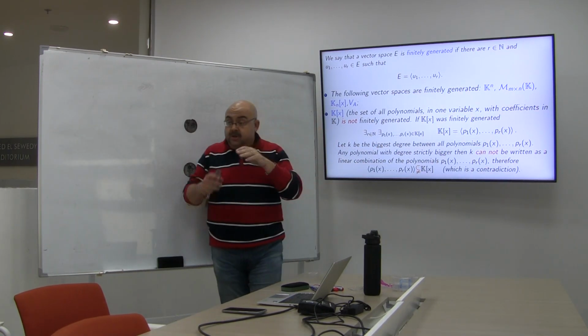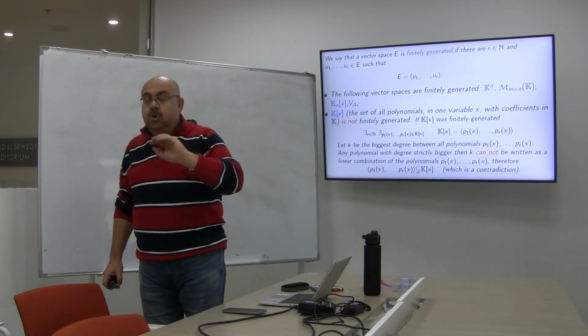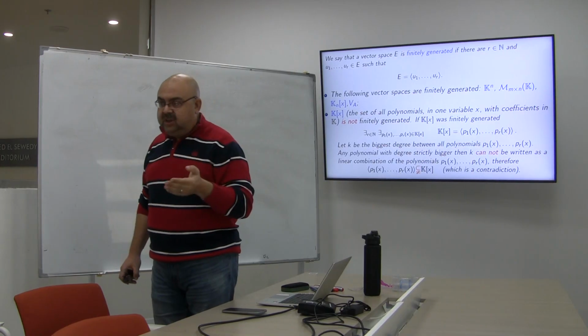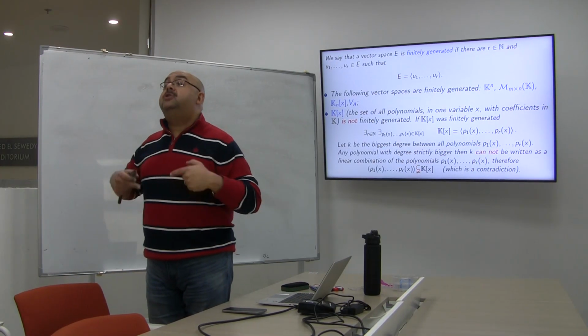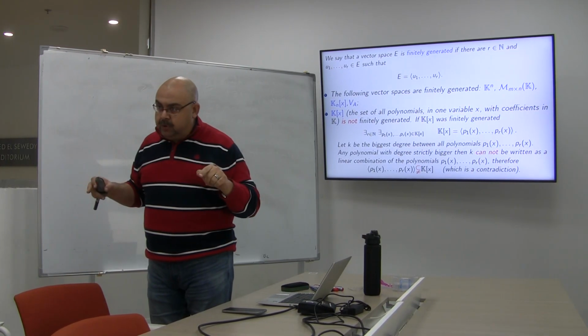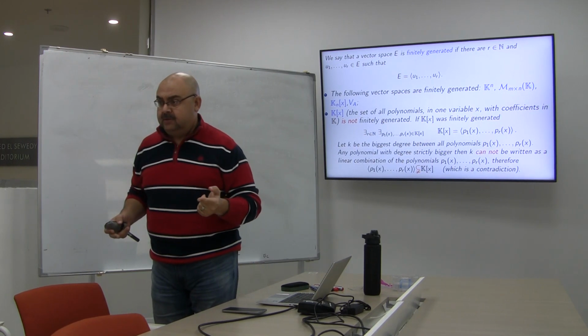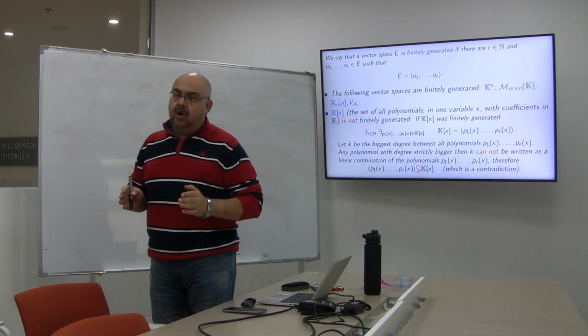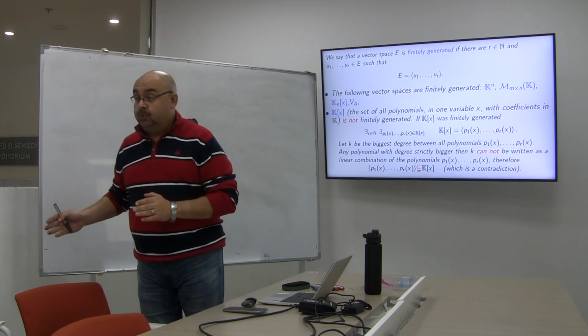If you remember the polynomials, if I have k bigger than the available degrees you are dealing with in the generators of this set of polynomials, you are not going to be able to generate it. For example, if I have a set of generators of x to the power of 2, okay?